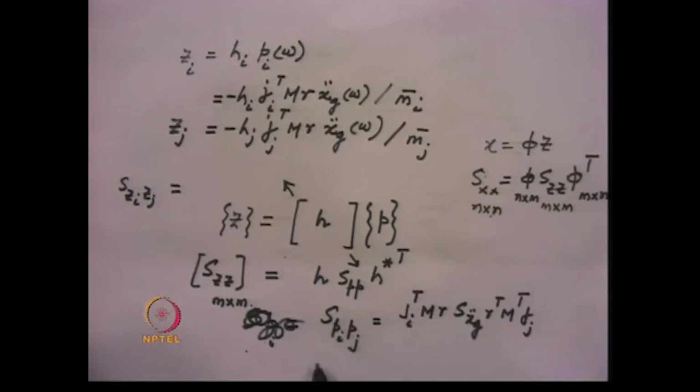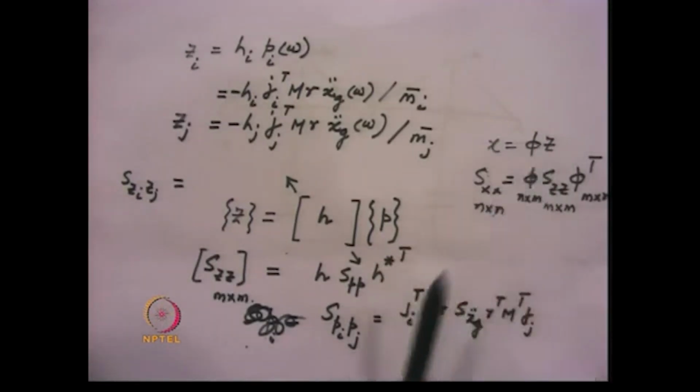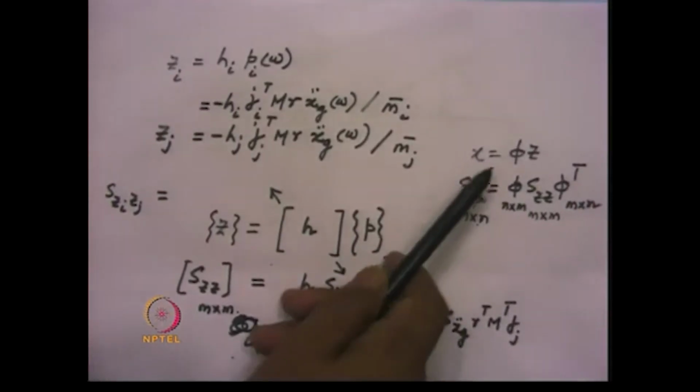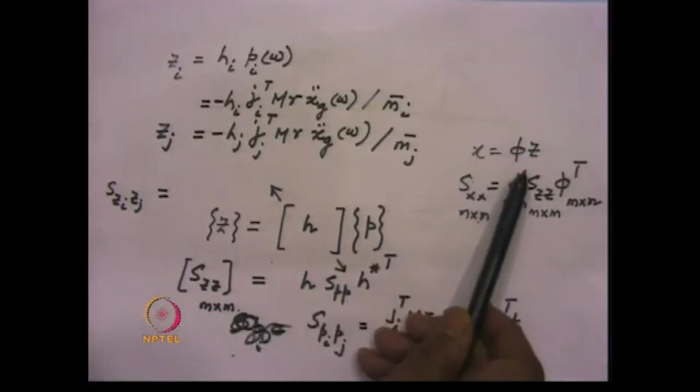So once we get every term of the S_p matrix, S_zz is known, and then we can go back to our modal equation, x = phi z, the mode superposition equation.